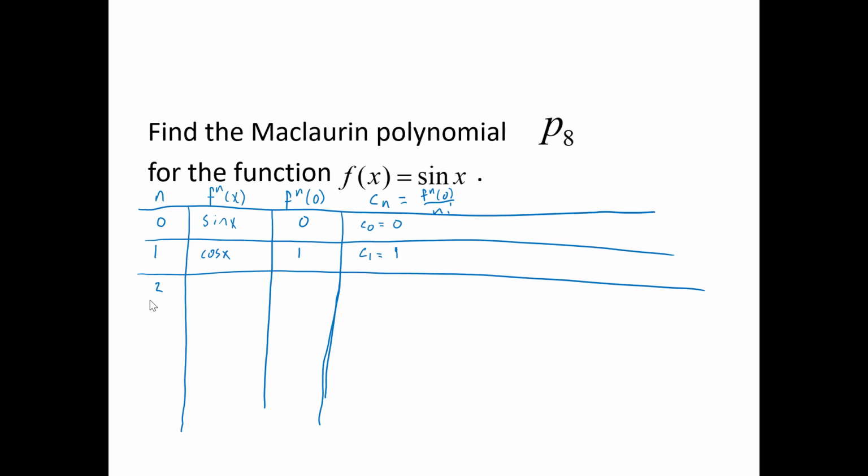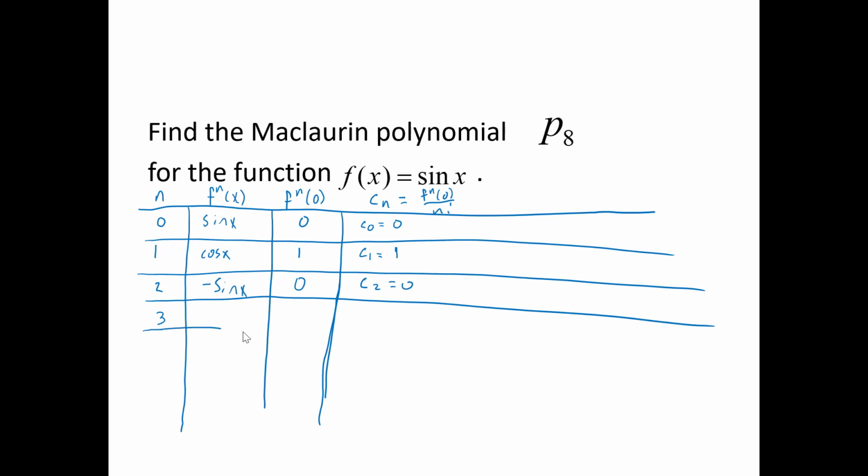When n is 2, the derivative of the cosine is the negative sine of x. Evaluated at 0, you get 0. And so then C2 is 0.